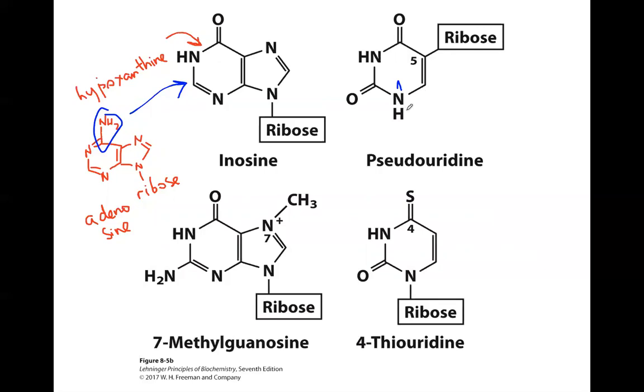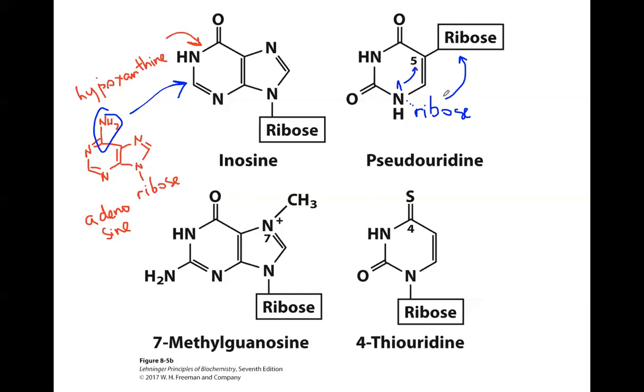But there are enzymes that can actually isomerize a uridine, and instead of ribose being attached here, they will move it over there, from 1 to 5.